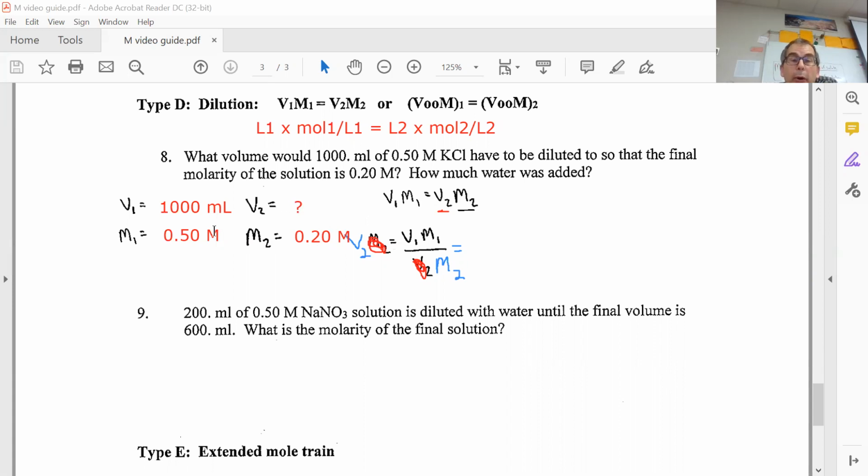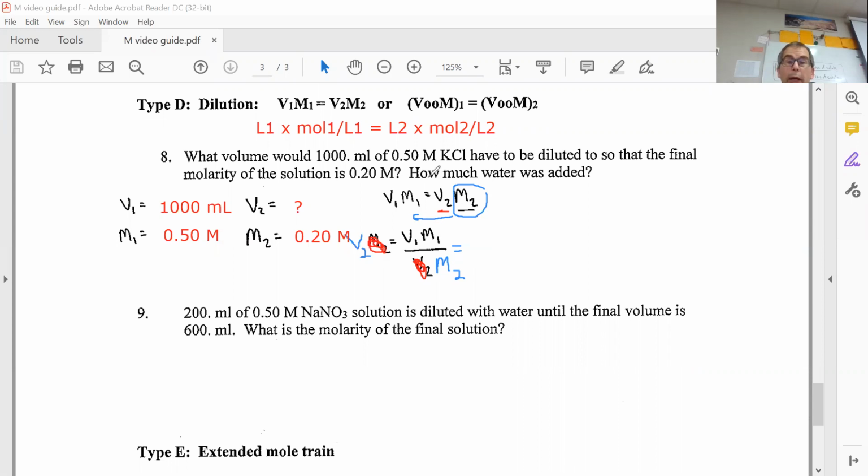It looks like I know 3 out of the 4 things in this formula. I'm solving for V2, so I'm going to divide each side through by M2. And I get V2 equals V1 times M1 over M2.